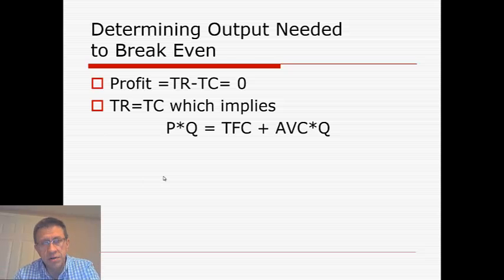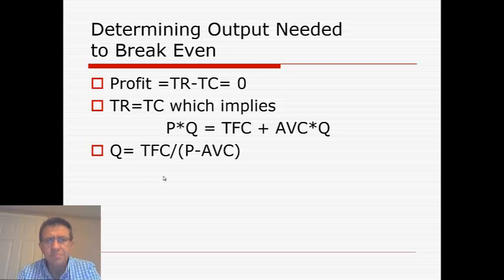And so we put in our total fixed costs, and then we put in average variable cost times the quantity for our variable costs. With a little bit of algebra then, we can figure out the exact quantity we need to sell in order to break even based on this equation. So the quantity is going to equal our total fixed costs divided by price minus the average variable cost. So that quantity is going to be the quantity that allows us to break even.